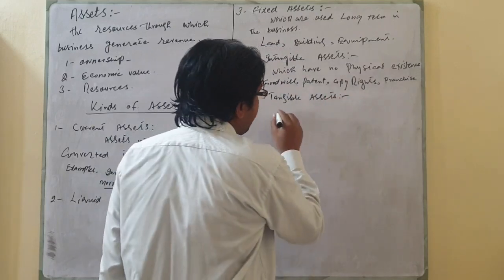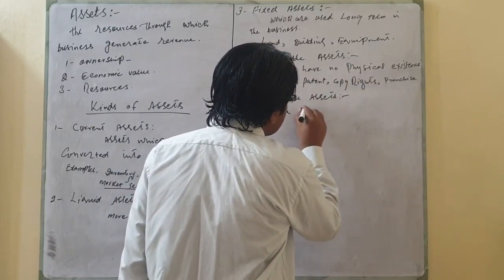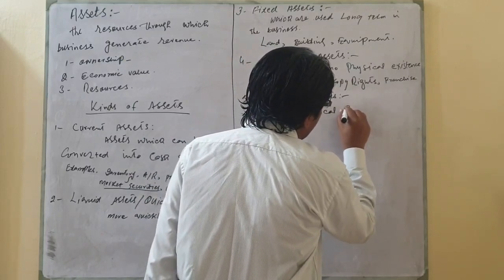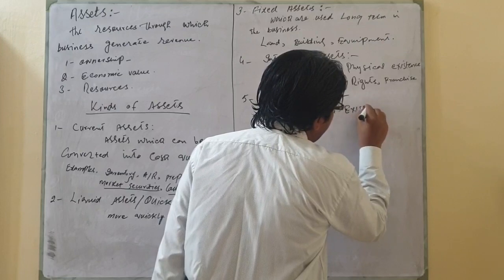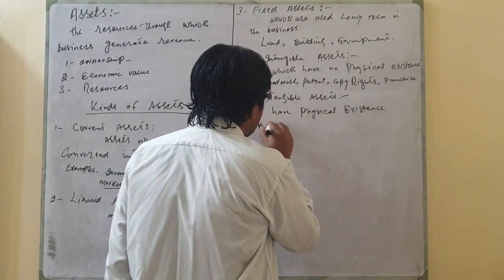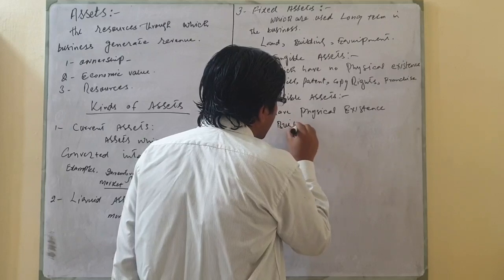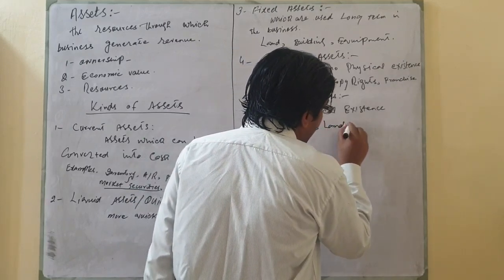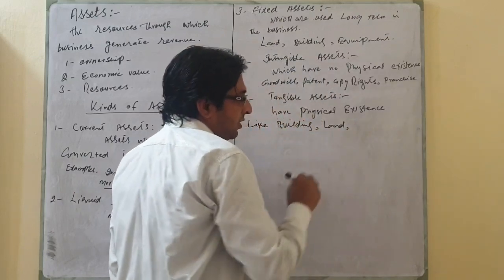Tangible assets, which have physical existence. Now, these have physical existence, like building, we can see it. Land, we can see it.